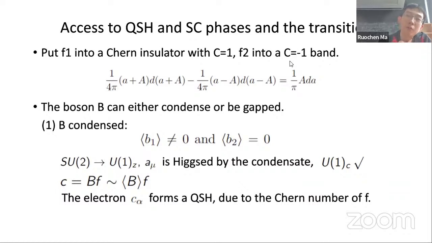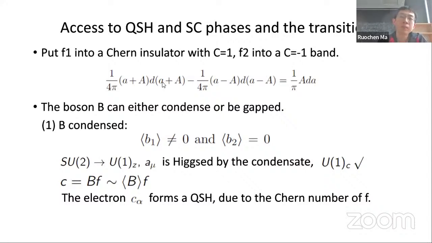Since the fermions are gapped at low energy, we can simply integrate them out. And the resulting field theory response is this Chern-Simons term. Here, the U(1) level 1 comes from the Chern number 1 band, and the U(1) level -1 comes from the Chern number -1 band.